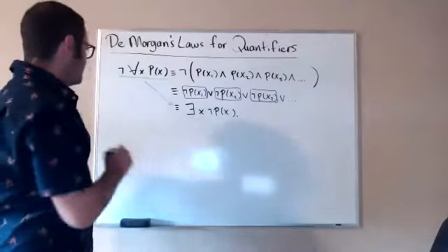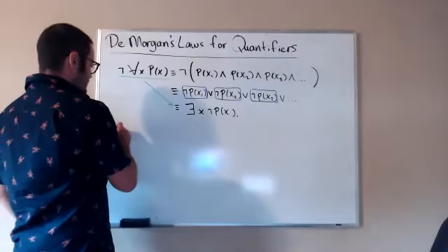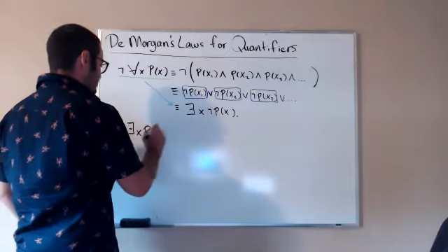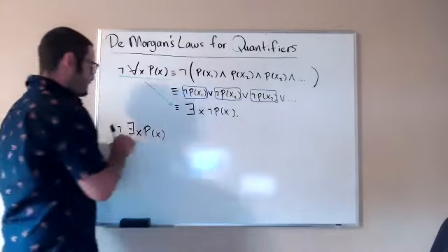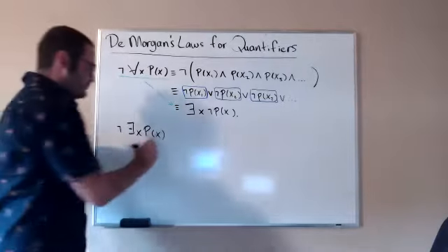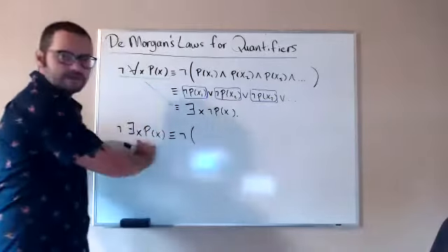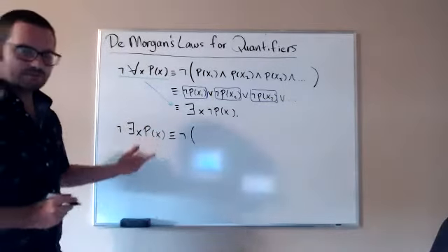Now, in a similar fashion, if you negate the existential quantifier, so not there exists x P of x, well, this is like saying the negation of this disjunction here.